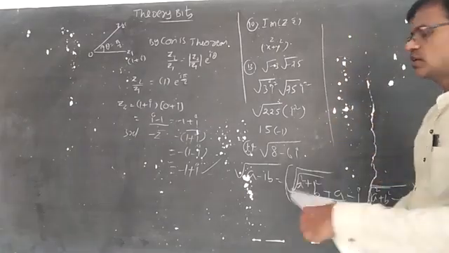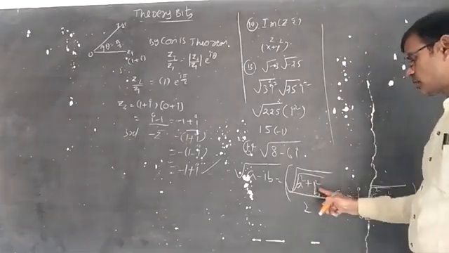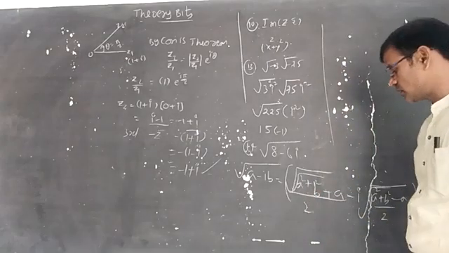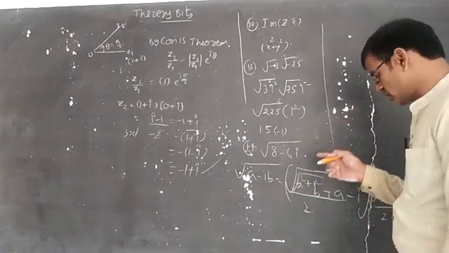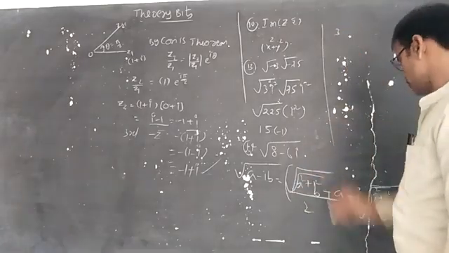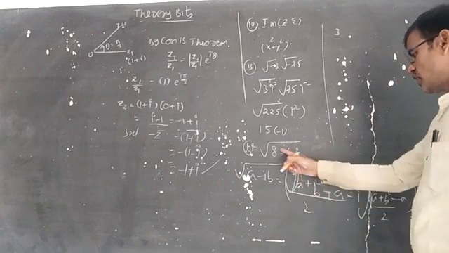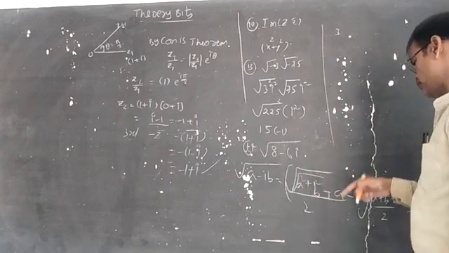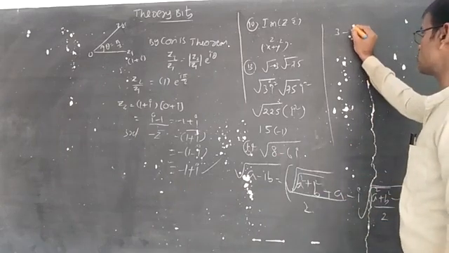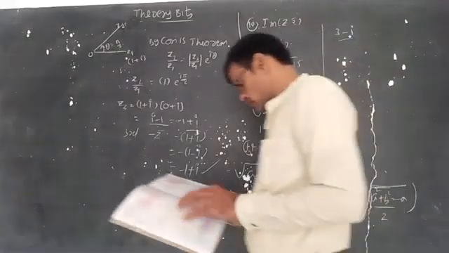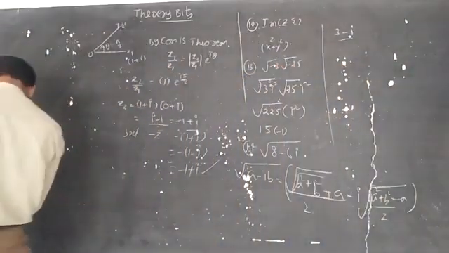Apply here a meaning 8, b meaning 6. 8 square plus 6 square, 64 plus 36, 100, root 10. 10 plus 8, 18, 18 by 2, 9, root 9 is 3. Minus i into 10 minus 8 means 2 by 2, 1, so this is 3 minus i. Root of 8 minus 6i equal to 3 minus i.